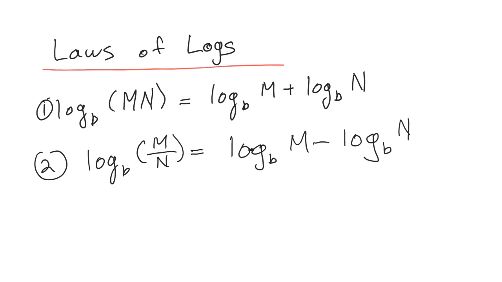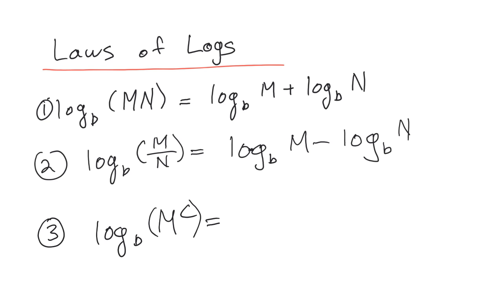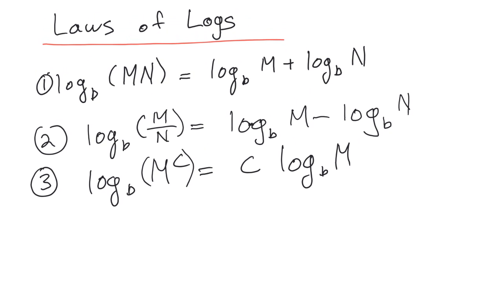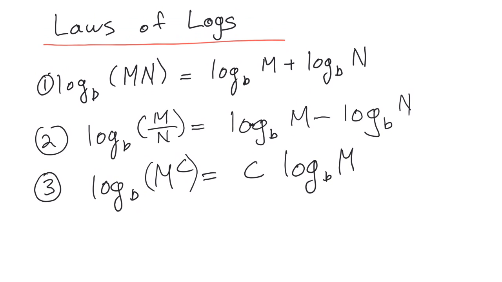Okay, so now imagine if I have a logarithm that looks like this. The log base b of m to the exponent c. All right, so what you do is you literally just bring it down and you say c times log base b of m. So now let's go and look at part 4.